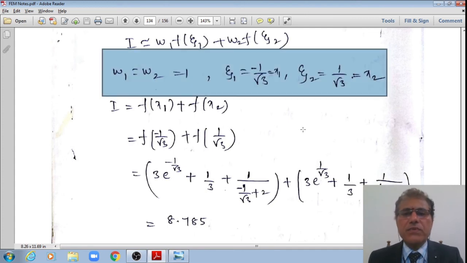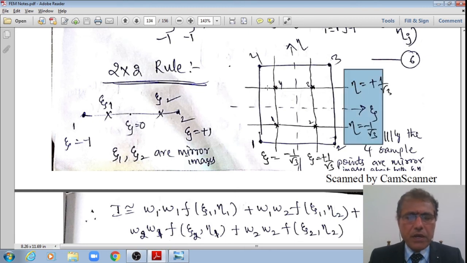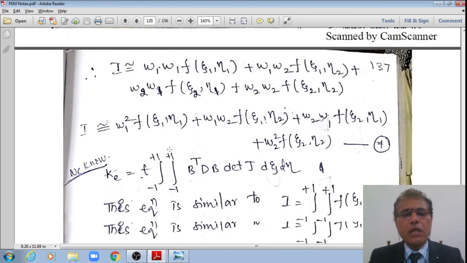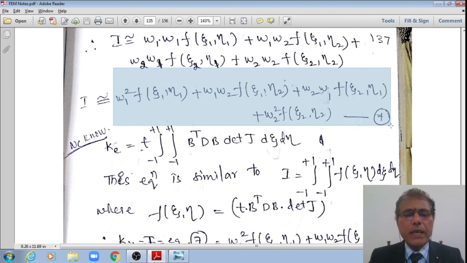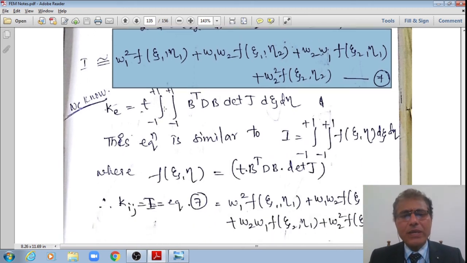Similarly, along eta direction, I can prove that eta1 must be equal to minus 1 by root 3, eta2 is equal to plus 1 by root 3, with weightages of w1, w2 once again as 1, 1. If I substitute all those, then I'll get the integral value without doing actual integration. I'll get an approximate solution using numerical integration of Gaussian quadrature using the 2 by 2 rule as applicable to 2D analysis or 2D elements, right?